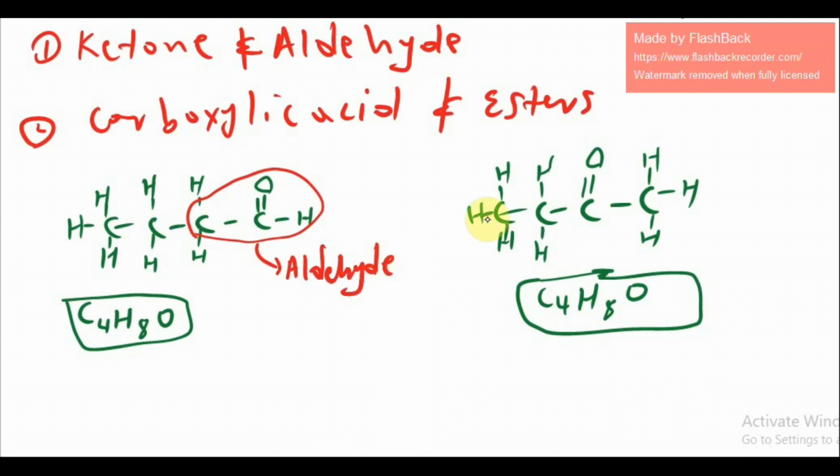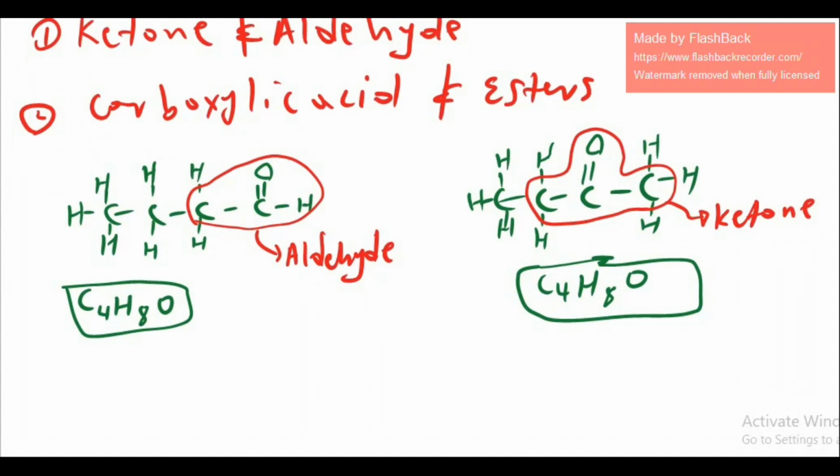Now this one, the functional group has a carbon double bond O, but there is no H. That's the only difference. So this is a ketone. So these are functional isomers.